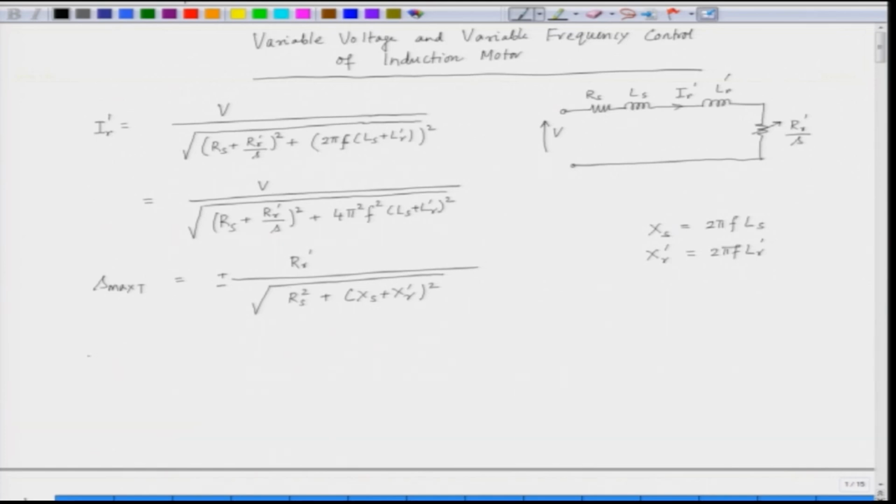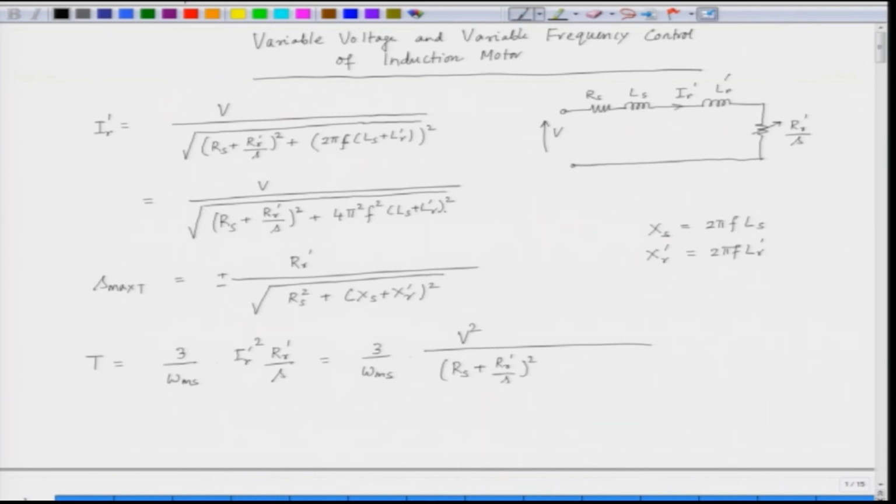So, what is the equation for the torque? Torque is given as 3 by omega m s into I r prime square R r prime by S. So, that is 3 by omega m s into V square divided by R s plus R r prime by S whole square.